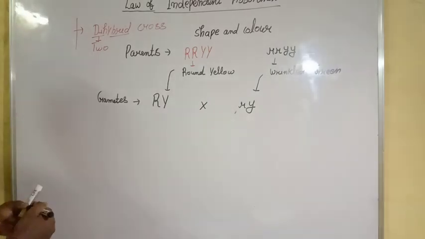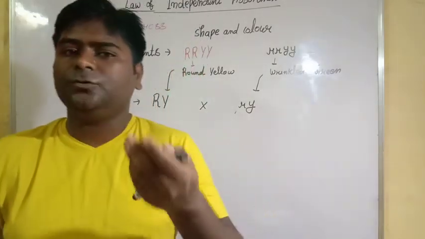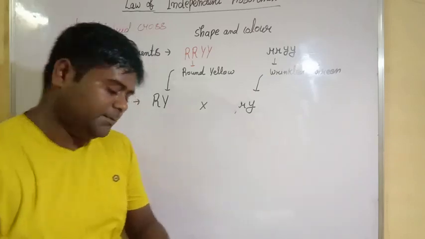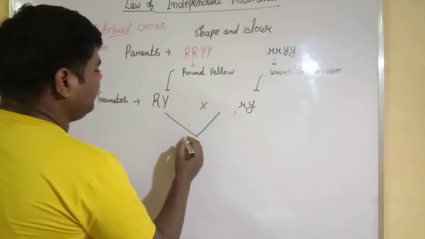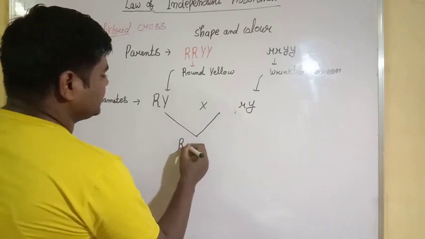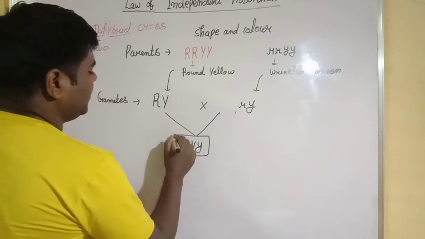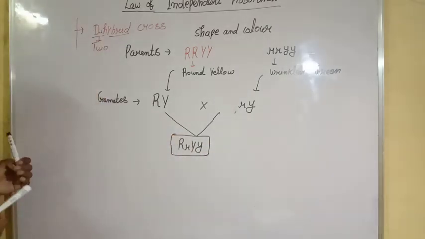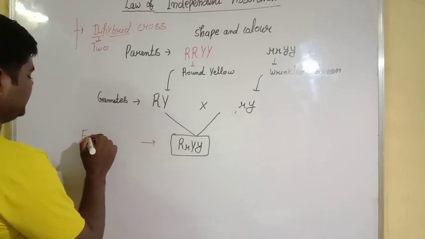After the formation of gametes, what is happening? Very simple, you know that: fertilization. Very good. Whenever we have fertilization, we have the mixing of characteristics. This is the F1 generation.